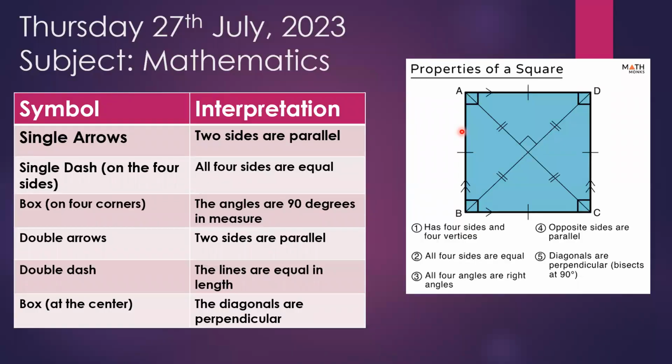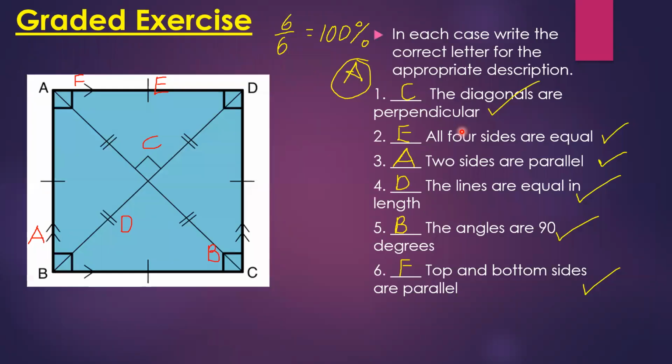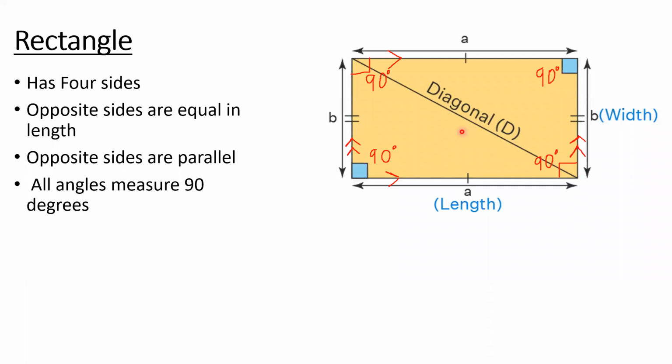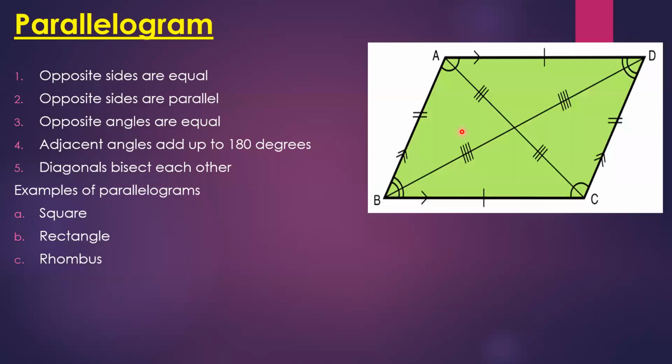This is the next one, which tells you the types, the symbols and everything. Okay. Yeah, I get that. Then the next one is the rectangle. Yeah, I get it. The next one is the parallelogram.